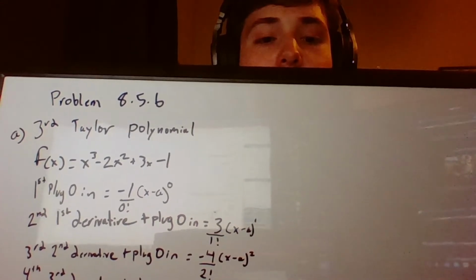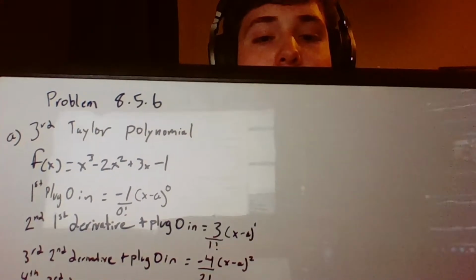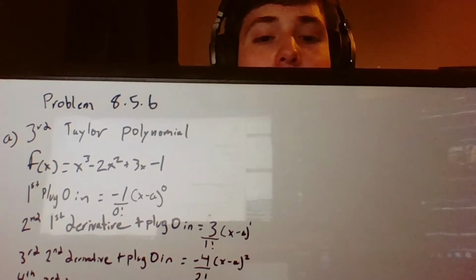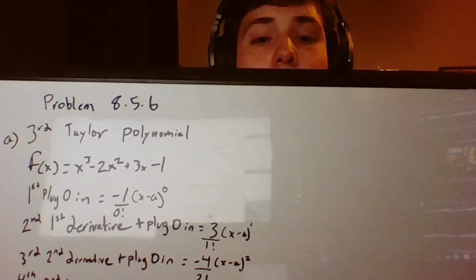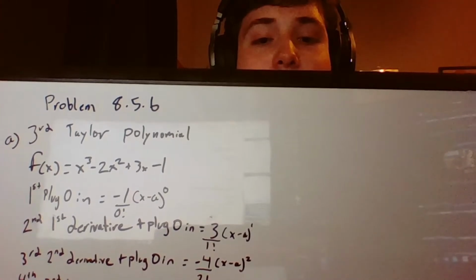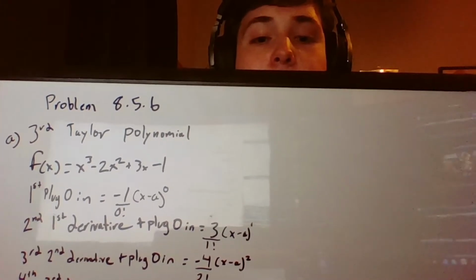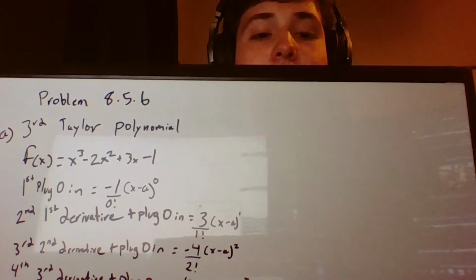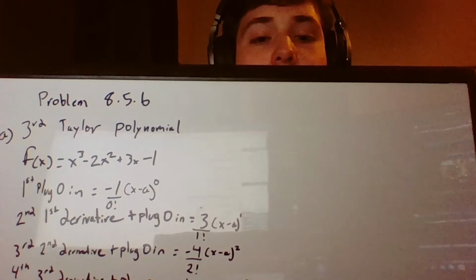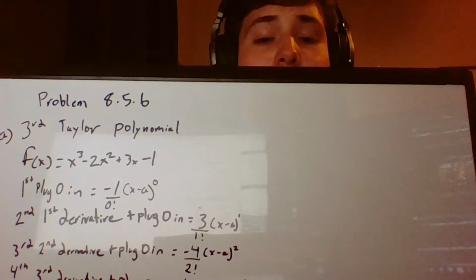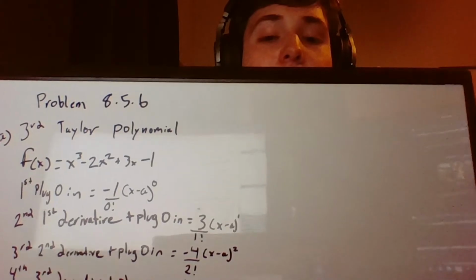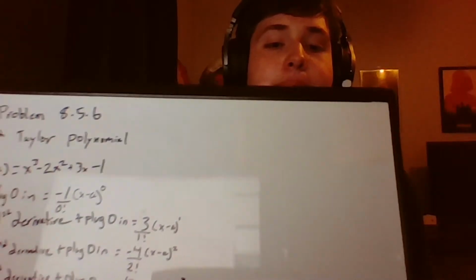Then for our first derivative, I'm going to derive it and then plug in 0. So we get 3 over 1 factorial times x minus a to the first power. Our third one is the second derivative, plug in 0, and we get negative 4 over 2 factorial times x minus a to the second power.